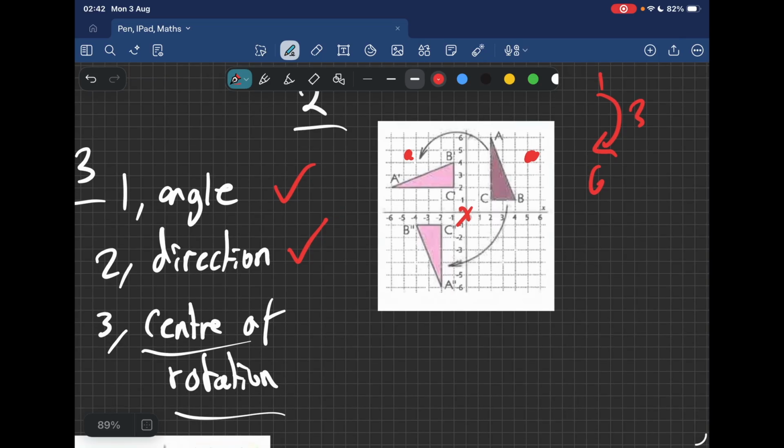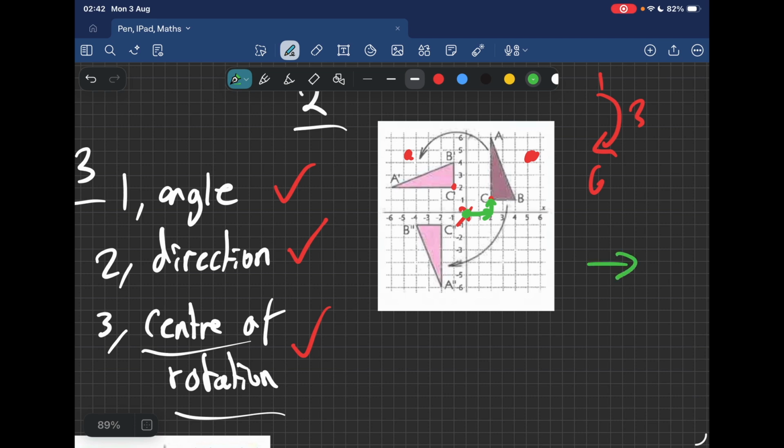Now our center of rotation. What I like to do is pick a point on our two triangles. Say you had an ant that was going forward 2, left 2. This ant was first facing this direction.